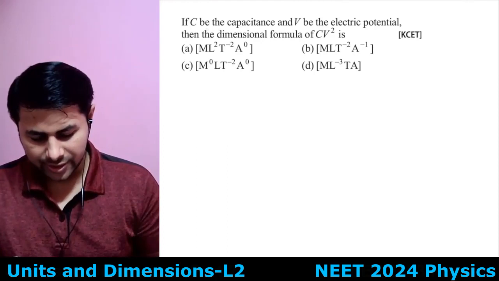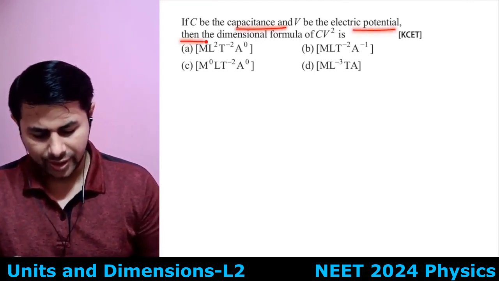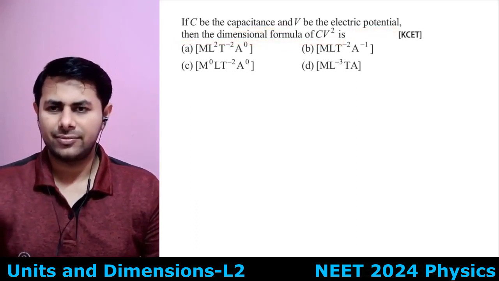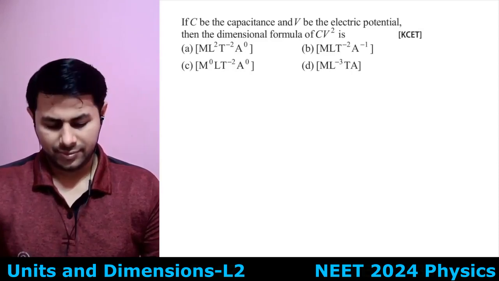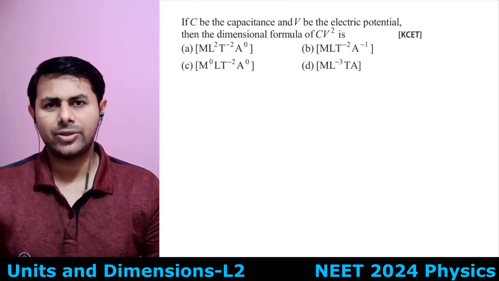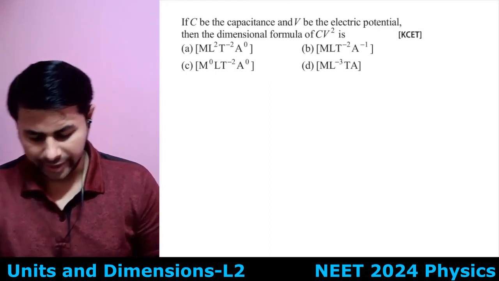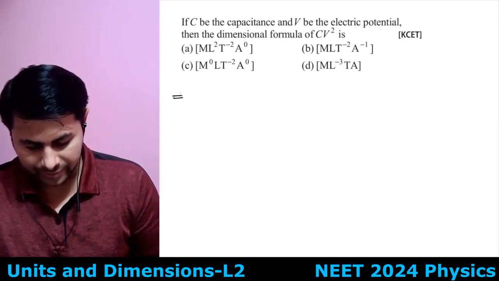Next question. C be the capacitance and V be the electric potential. Then dimensional formula of CV square is. So actually, let's find it out. What is capacitance?